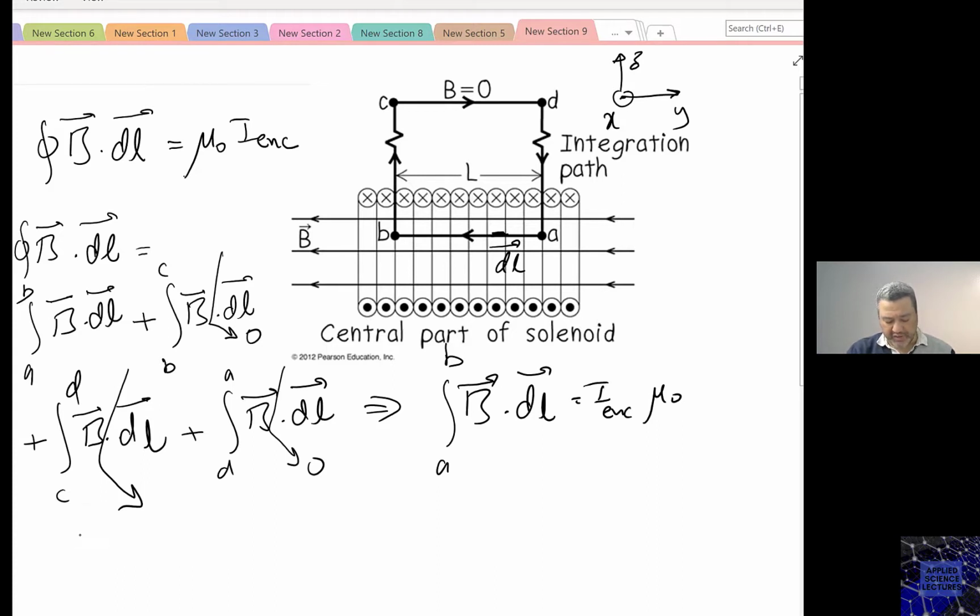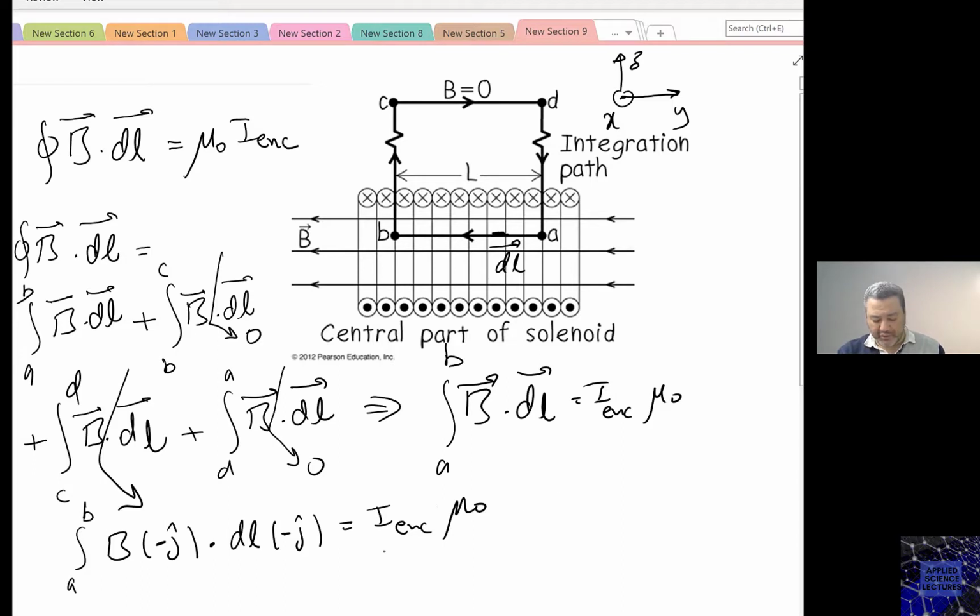So my integral from A to B is basically going to be the integral from A to B of B minus j hat dot dl, also minus j hat, equals I enclosed mu naught.